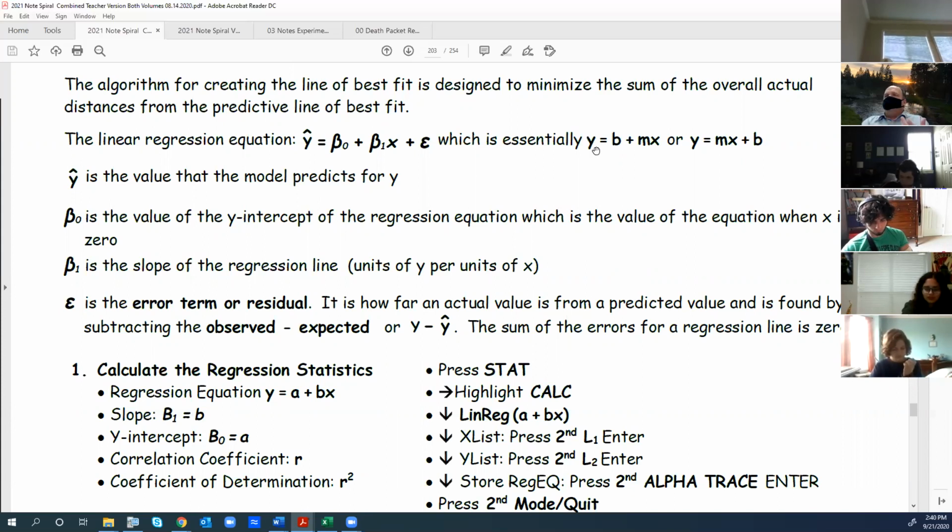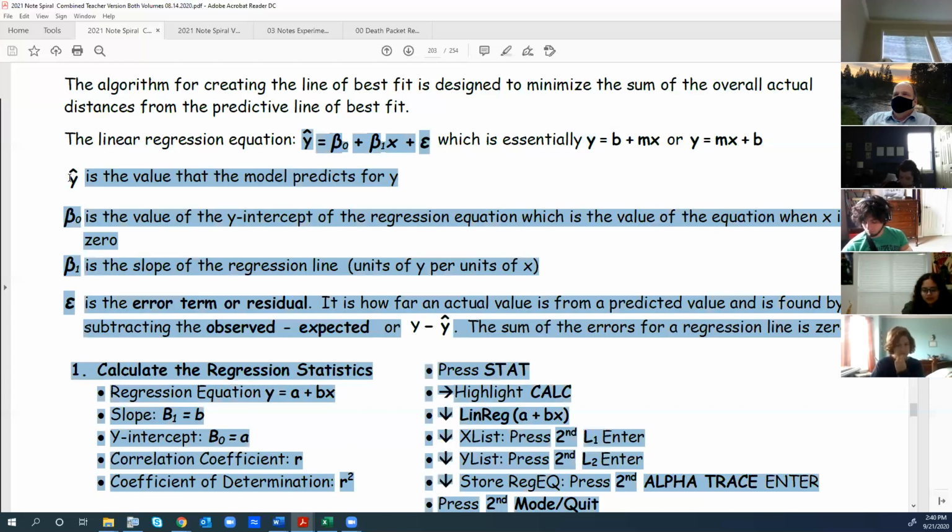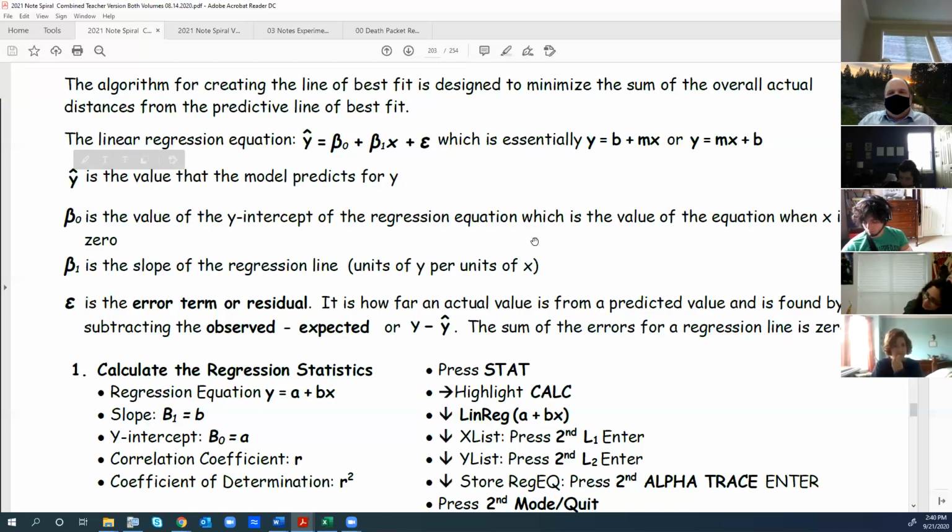Another thing I need to talk to you about is you'll notice I have y written here. And over here I have y hat. And there is a difference, and it matters. Y is the actual value. Y is what we actually observed happen. Y is reality. Y hat is what we predicted to happen.